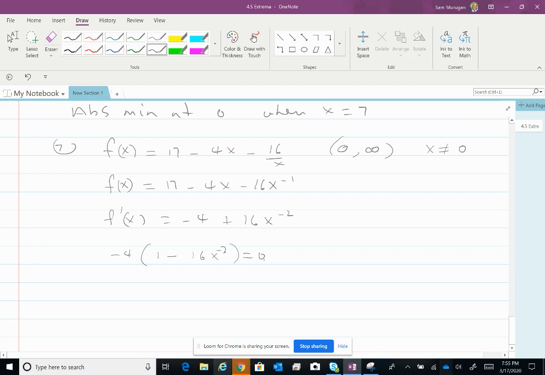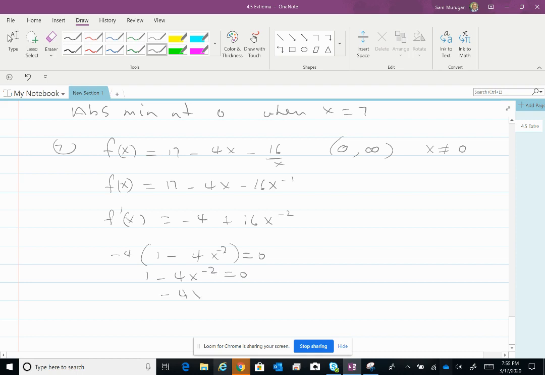So we would just need to set that part inside of the parenthesis equal to 0. I think if I factored out here, I would have 4, not 16. Okay, I kind of messed this up here. This is 1 minus 4x to the power negative 2 is equal to 0.